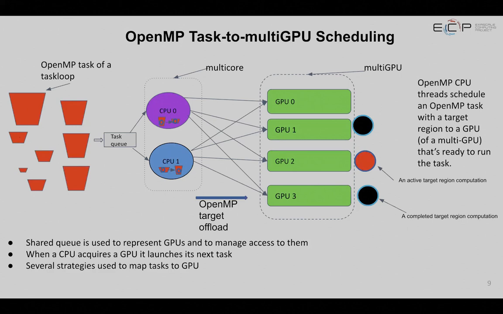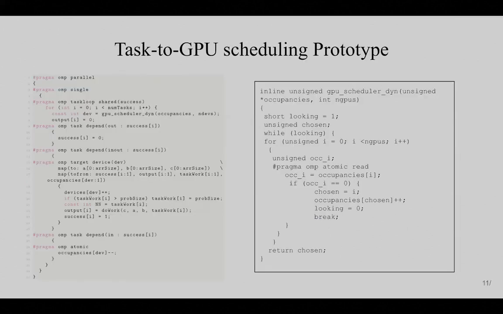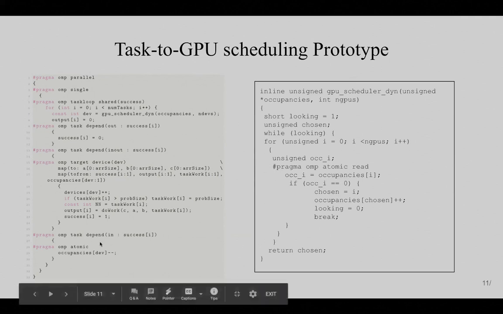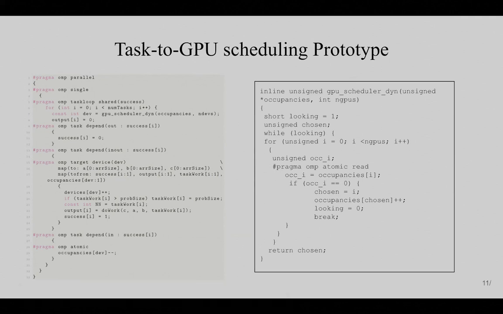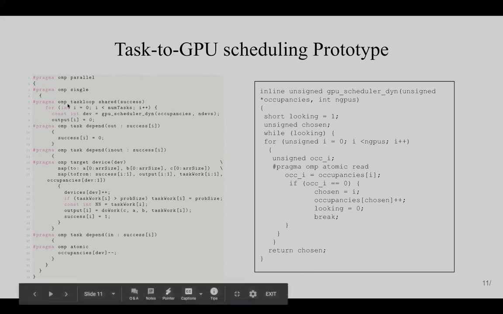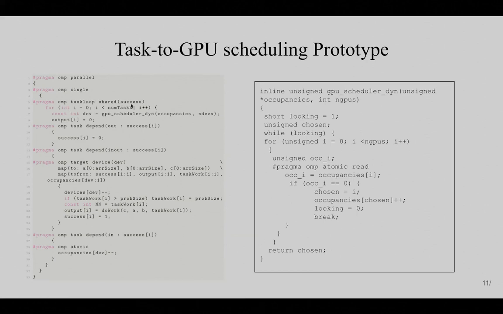So the question is now, how does the application programmer actually use our strategy? Well, the code on the left shows what they do to modify their application code. And I'll just point out that the taskloop here is the taskloop I showed, and it's parallelizing these tasks across CPUs. Then each CPU is identifying, hey, which GPU do I run on?